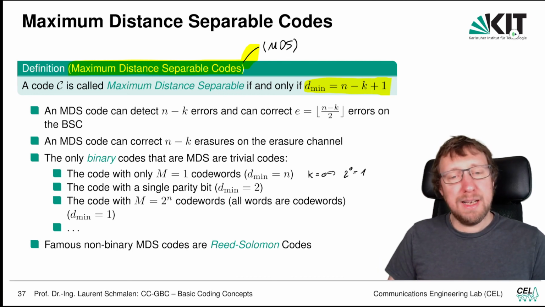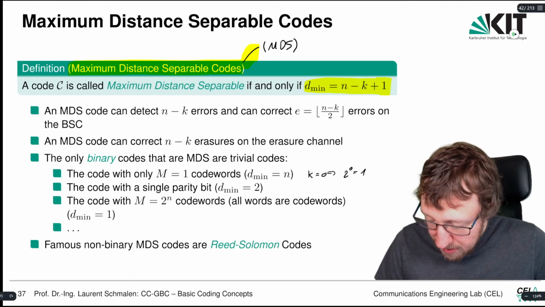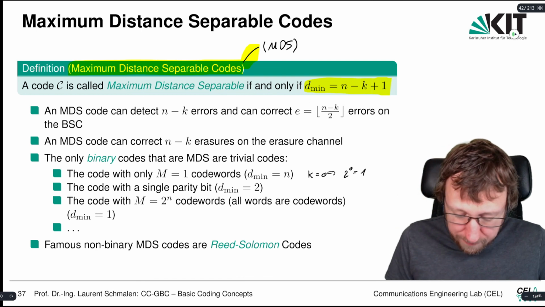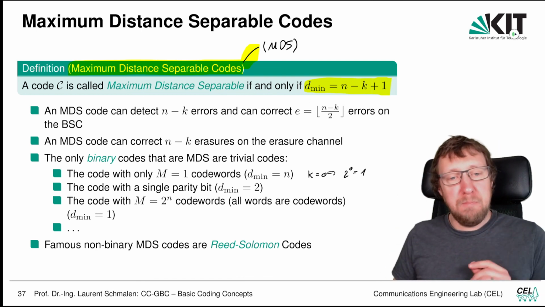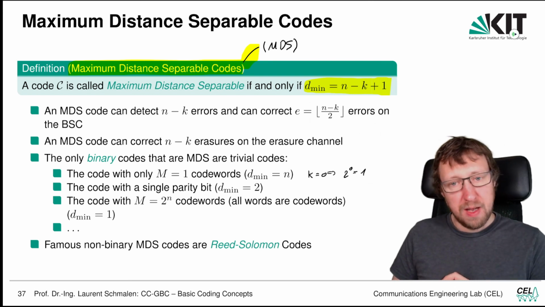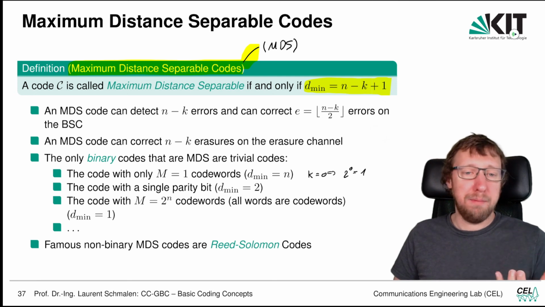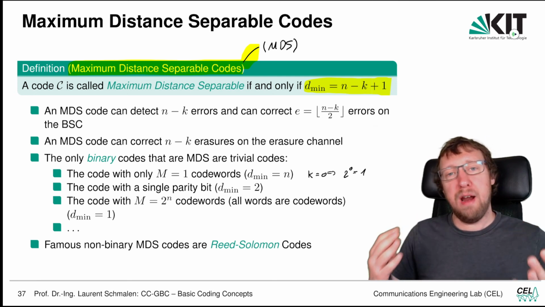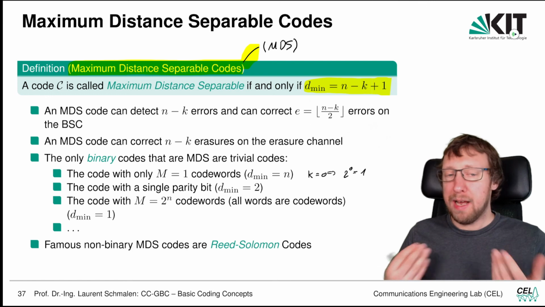Then the code that has a single parity bit that has a minimum distance of 2. That one is the so-called single parity-check code. That's actually a very useful code, but it cannot correct an error. It has a single parity bit. It ensures that the parity is even, but it cannot correct errors.